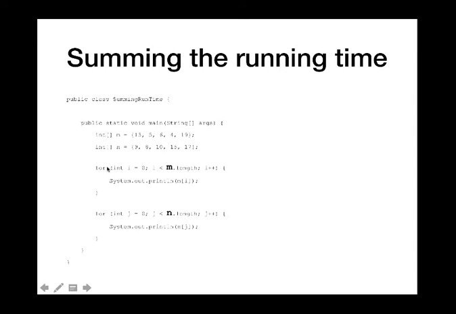Then I have here O of m because I have to go over all elements of m, and for each element I'm doing a simple operation which is printing, and I do the same thing to the other array n. I go over it n times, so from start to end, and I also print every single element.